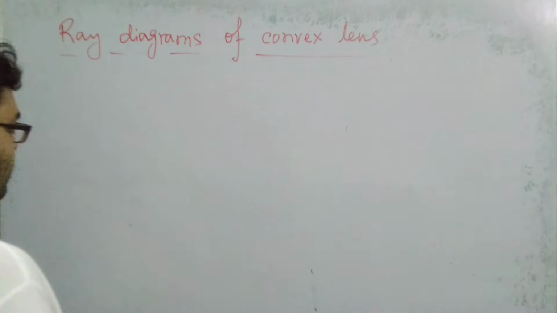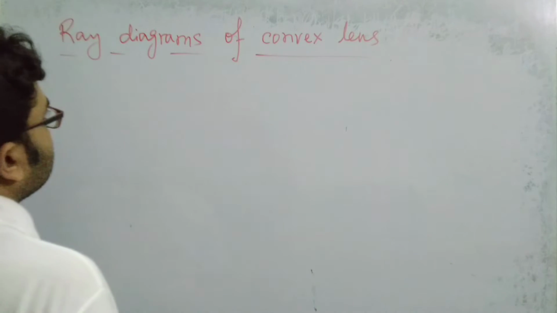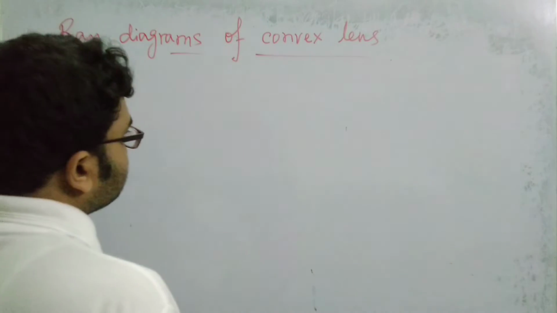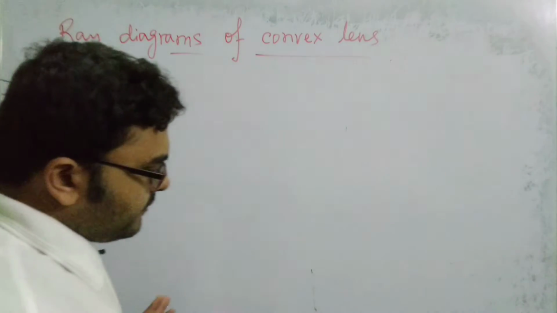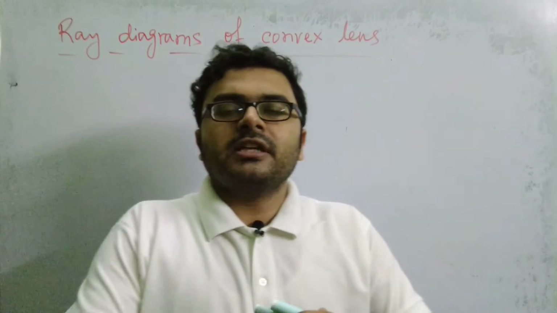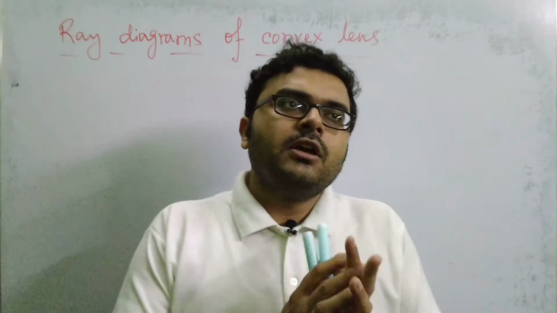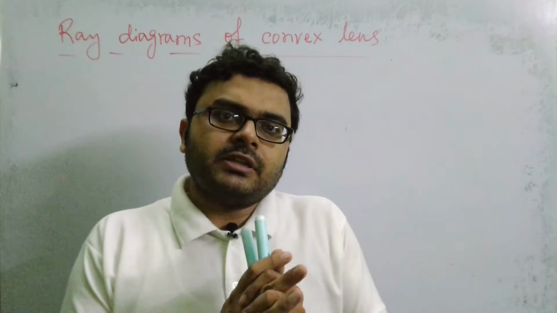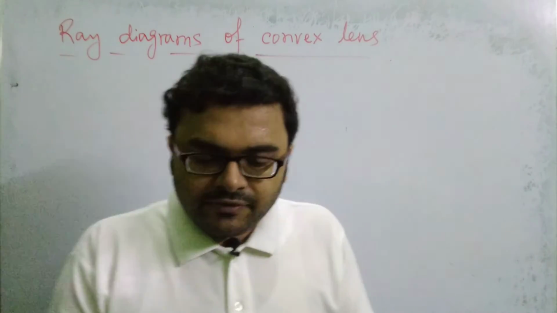Now first of all, let us consider convex lens. The first diagrams that we are drawing are all related to convex lens. So first we will be considering that the object in the first case is at infinite distance.